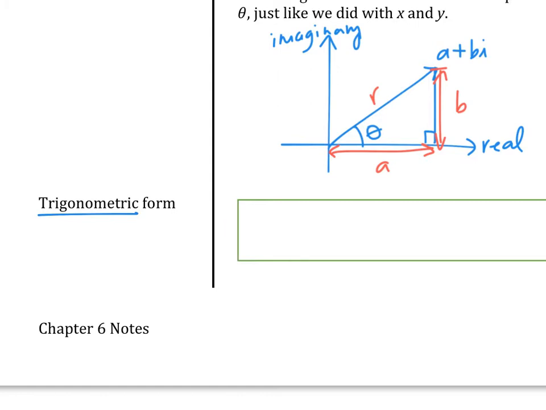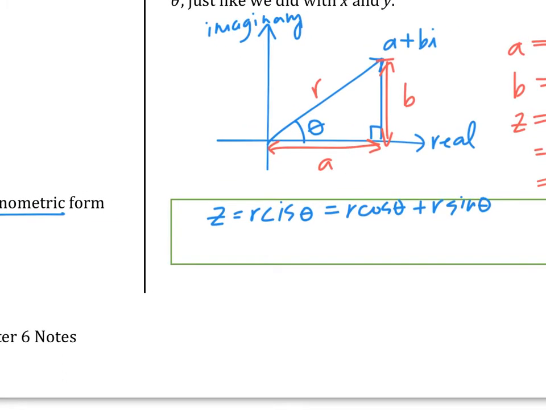And now we have this trigonometric form. Trigonometric form is Z equals R cis theta. And just to recall, R cis theta means R cosine theta plus R sine theta with an I.